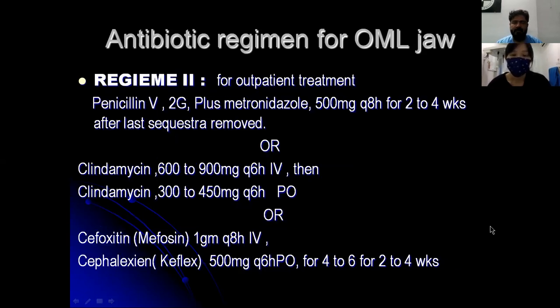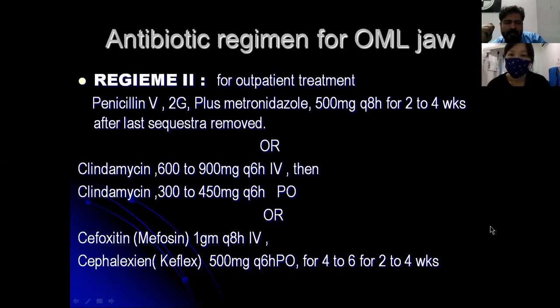Then regimen 2 for outpatient treatment: penicillin V 2 g plus metronidazole for 4 to 6 weeks after the last sequestrum is removed. You are doing this with the surgical therapy also. If you are seeing the sequestrum, then you have to remove it.